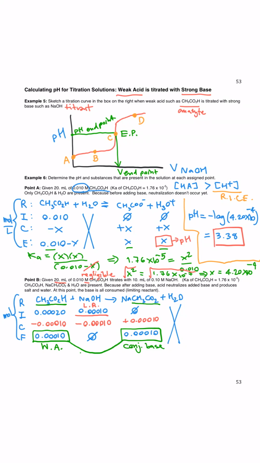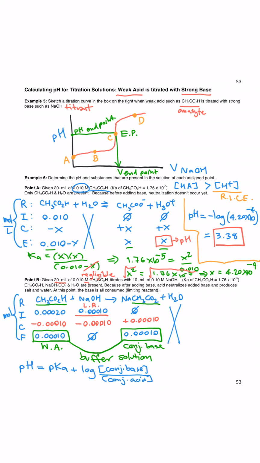This solution is considered to be a buffer solution. To find the pH of a buffer solution, we can use the Henderson-Hasselbalch equation, which is pH equals pKa plus log of the concentration of the conjugate base divided by the concentration of the conjugate acid.